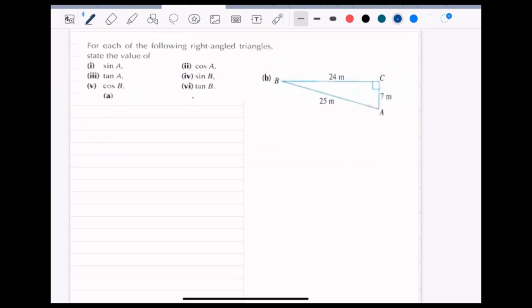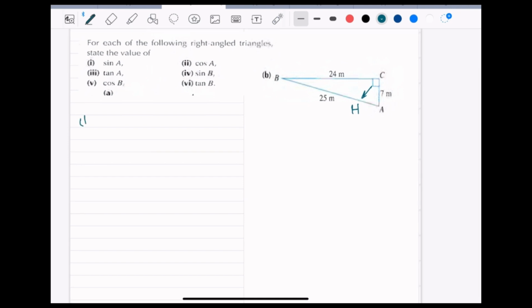So let's say if you have a triangle, the first step that you need to do is identify the hypotenuse, and hypotenuse is the side which is opposite to the 90-degree angle. So question one part one says sine of angle A. Since sine is opposite over hypotenuse, let's talk about this angle.